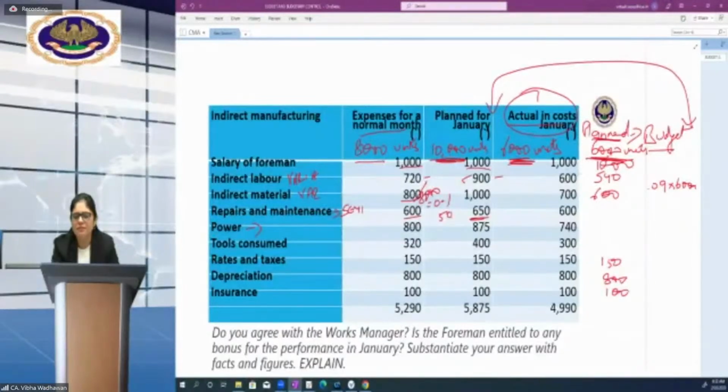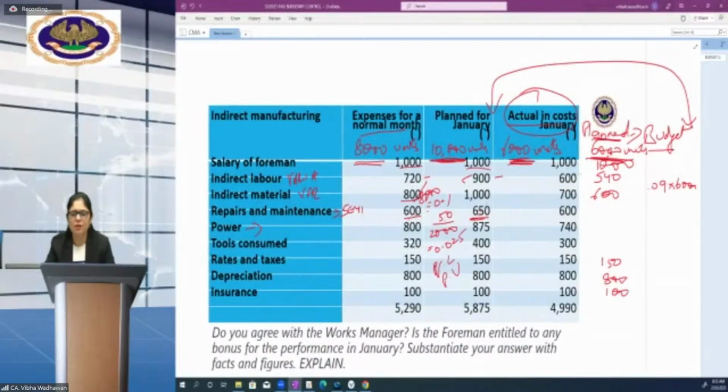Divide it by the difference between the units, 8,000 and 10,000, which is 2,000. Calculate the cost per unit: 50 divided by 2,000 is 0.025.